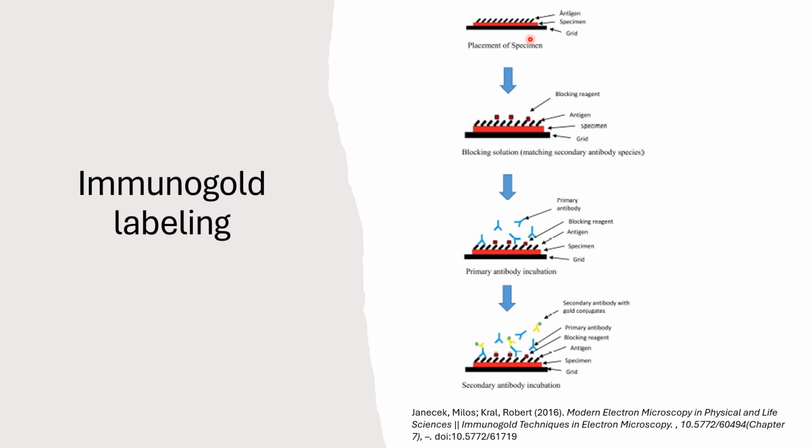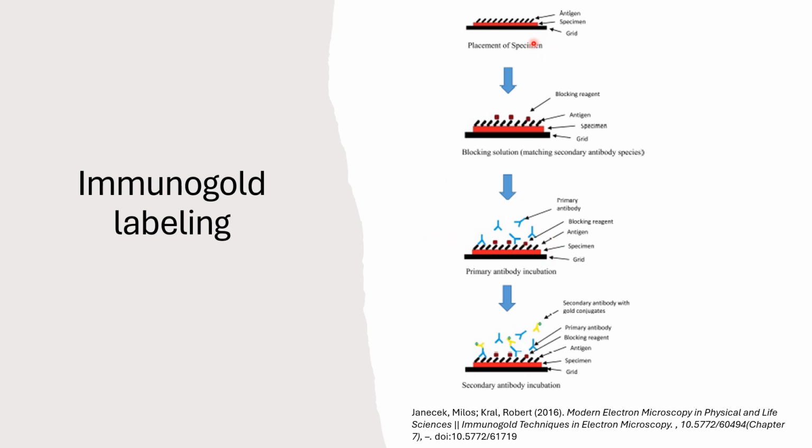In the post-embedding immunogold labeling technique, the biological material is first fixed, dehydrated, and embedded in a resin, and the antibody reactions are done on the sectioned material.